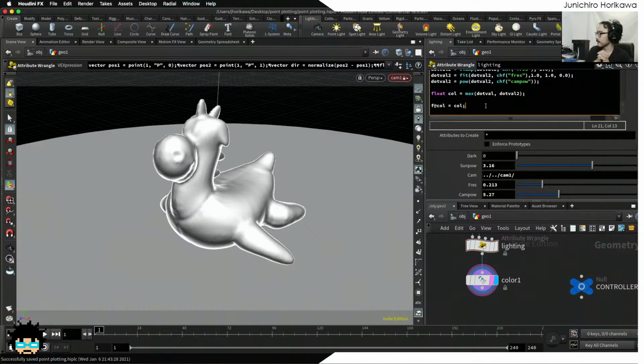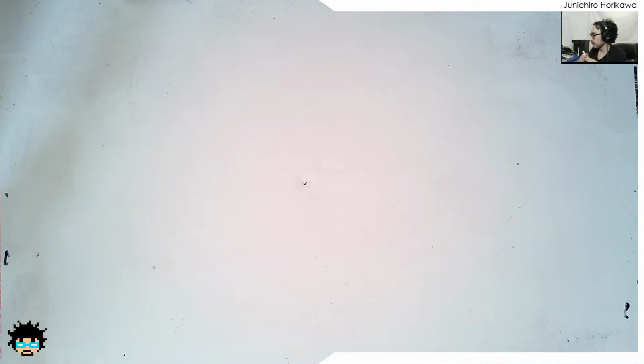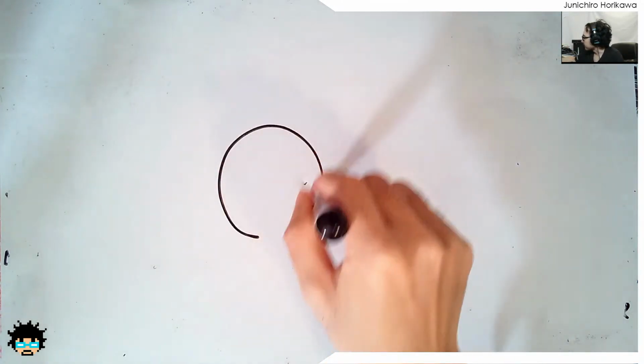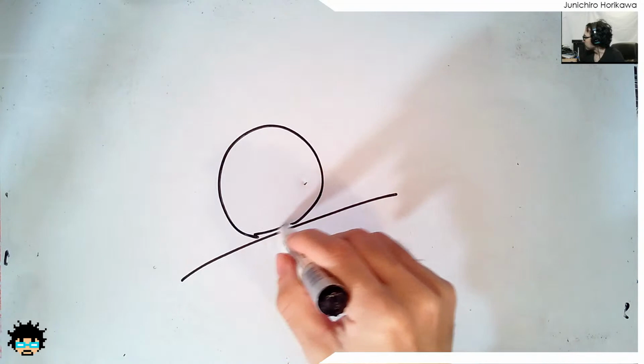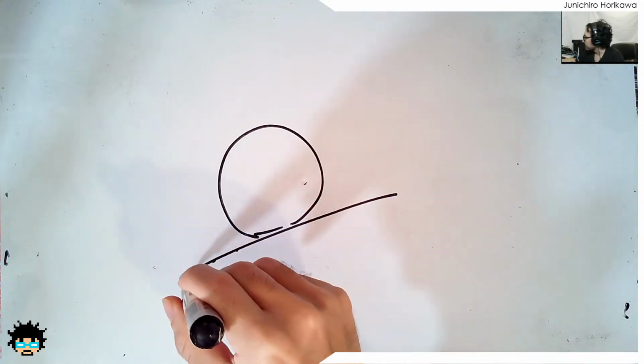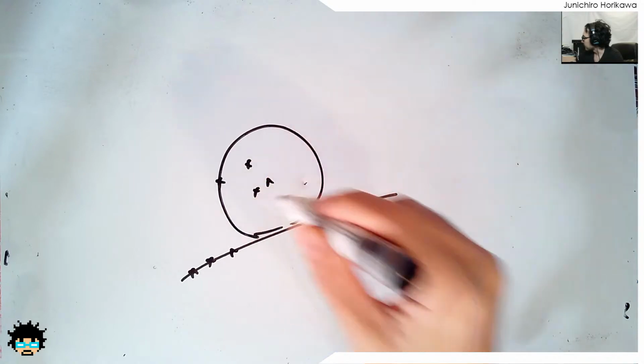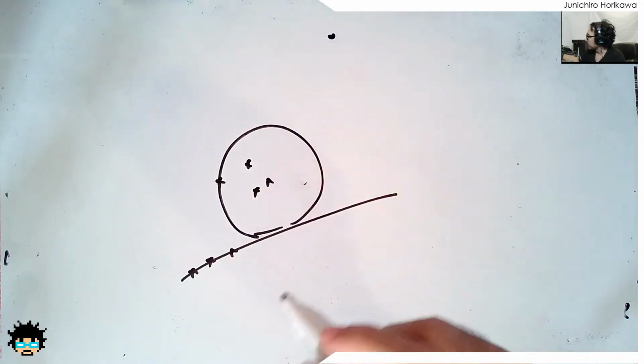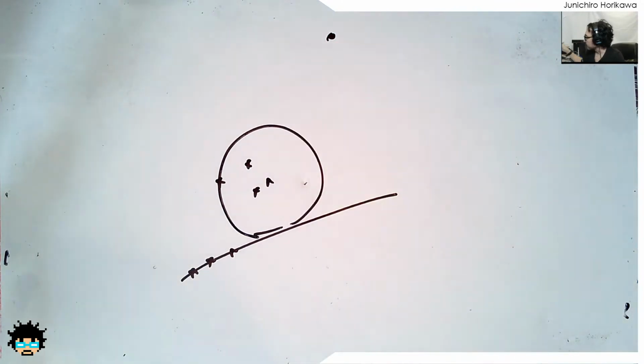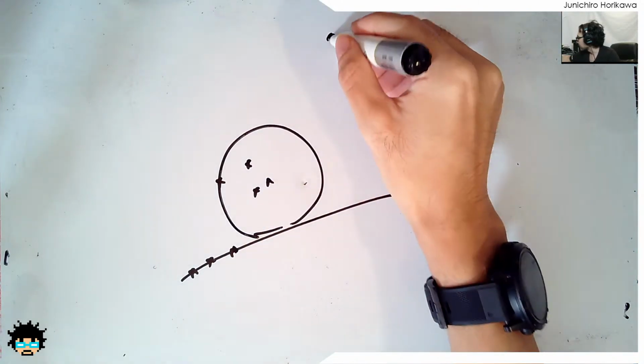Now to do it, it's pretty much the same as I did for the pseudo lighting. What I'm going to do is, for each of the points on the geometry, like say for the floor points and the points on the sphere, I'm going to calculate the direction using the sun direction.